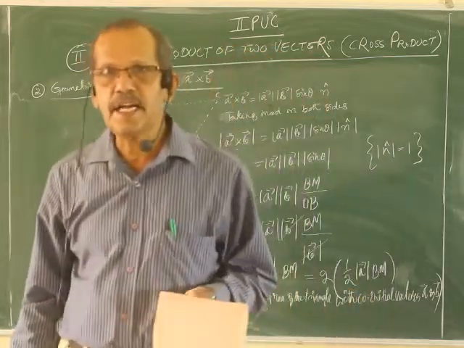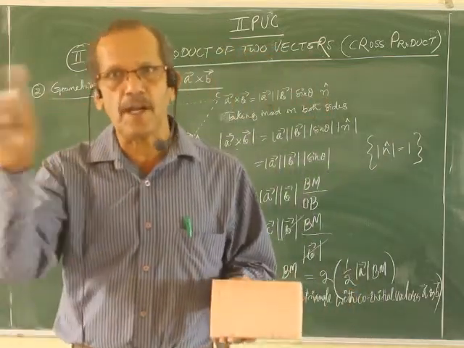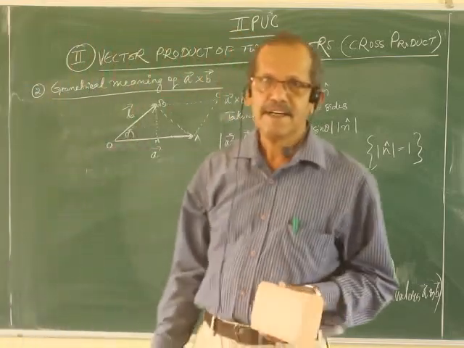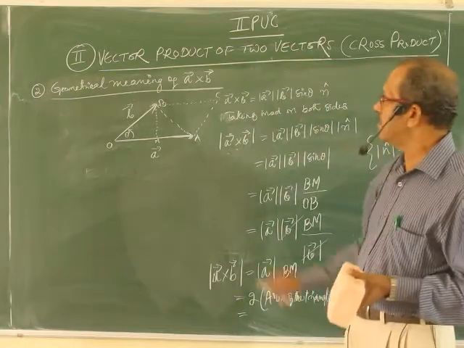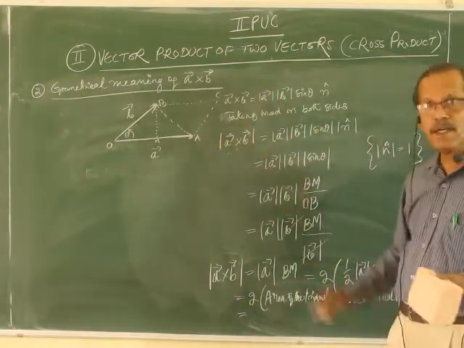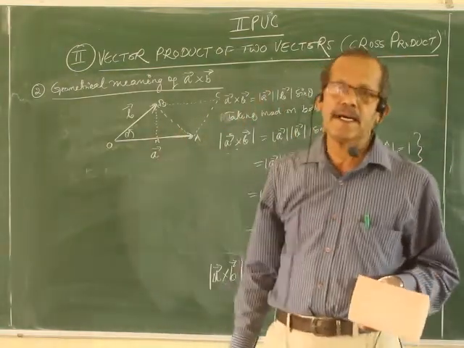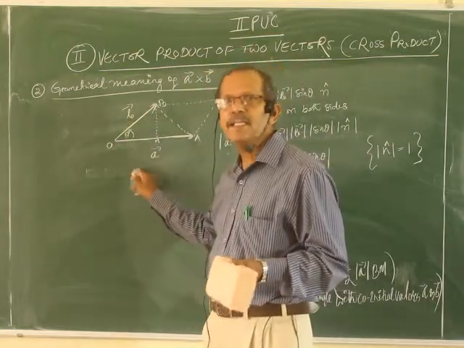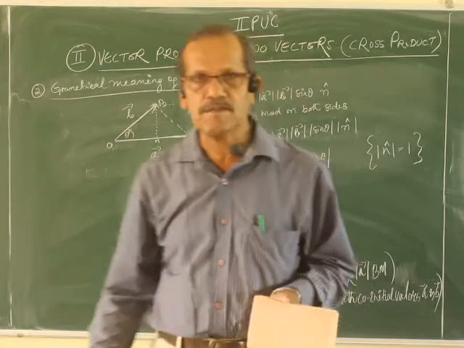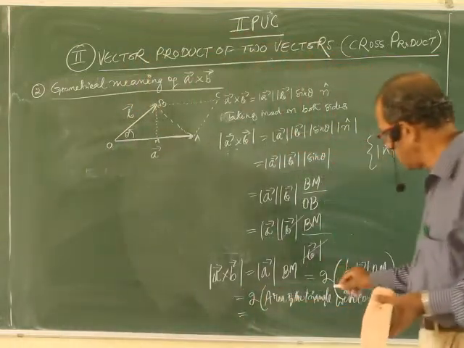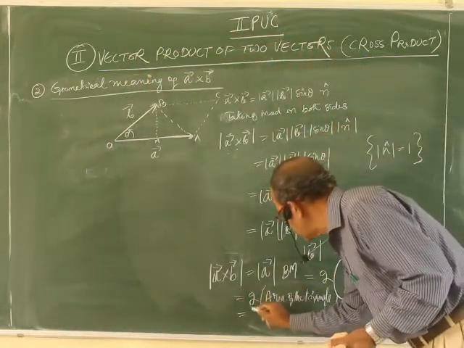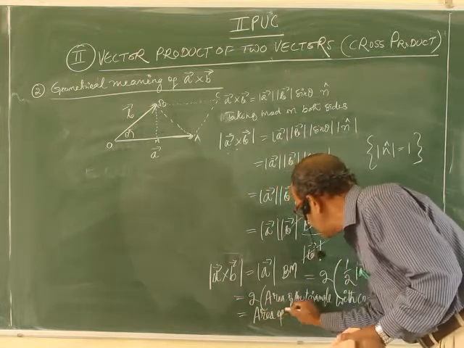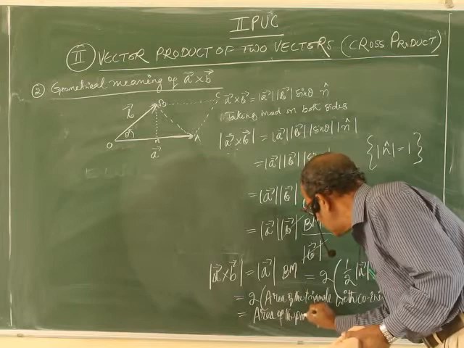With the co-initial vectors A and B, if you draw a parallelogram, you get the area of that. A cross B is nothing but the area of the parallelogram or 2 times the area of the triangle, one and the same. But co-initial vectors should be the sides of the parallelogram, that's all. Let me write that one also. It is 2 times is not there, just the area of the parallelogram.